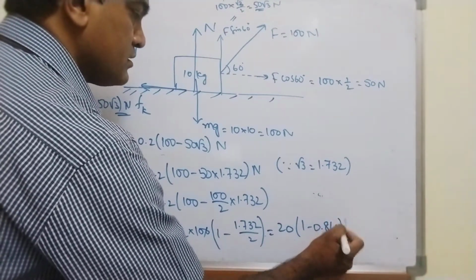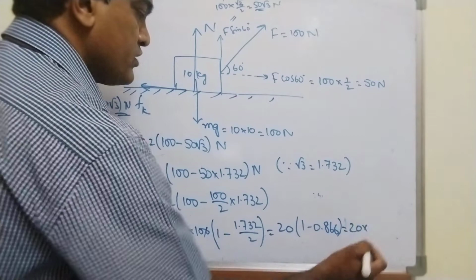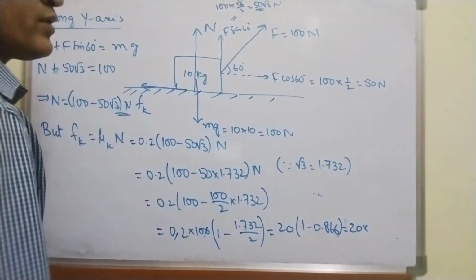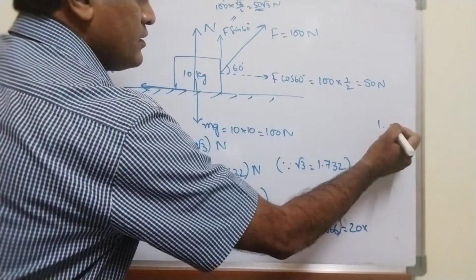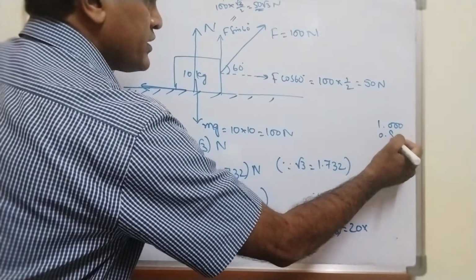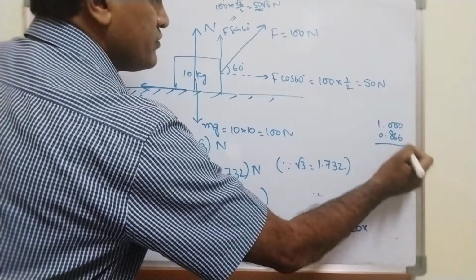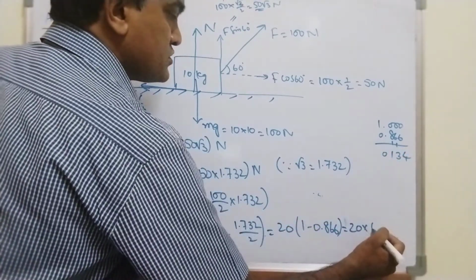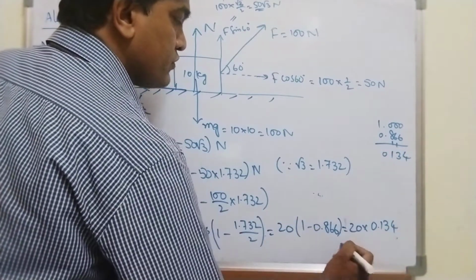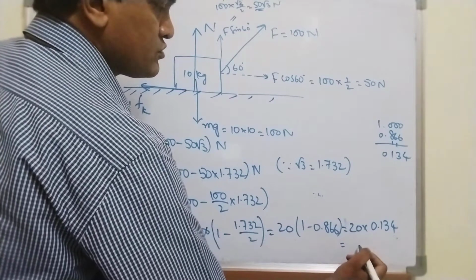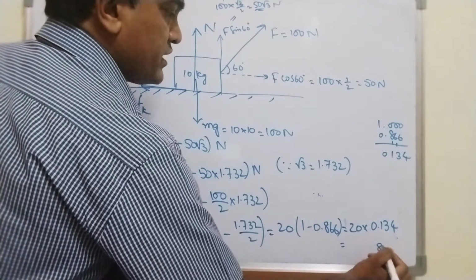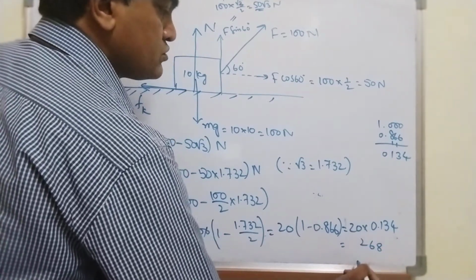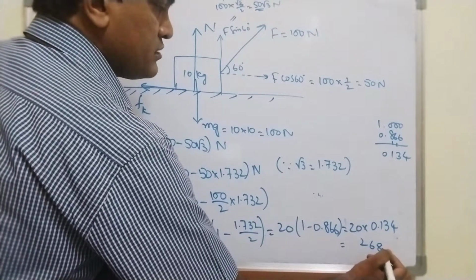So 20 into 1 minus 0.866, which is 0.134.